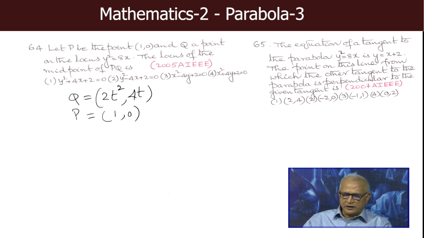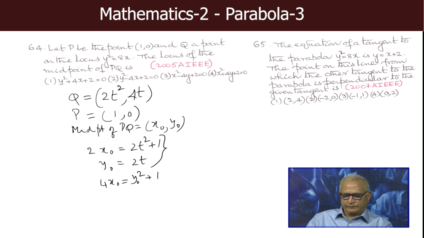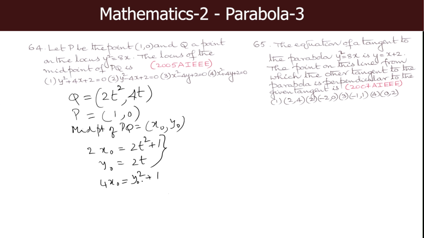The locus of the midpoint of PQ: midpoint of PQ is equal to x0, y0 if and only if 2x0 equal to 2t square plus 1 and y0 equal to 2t. From this eliminate t.